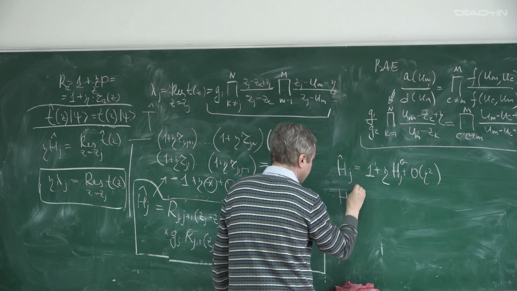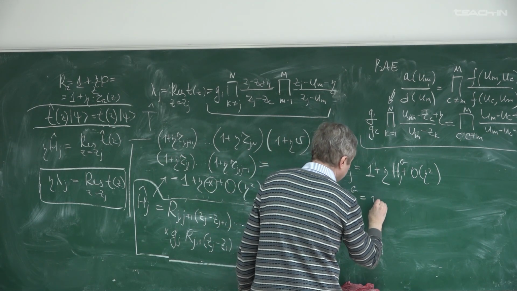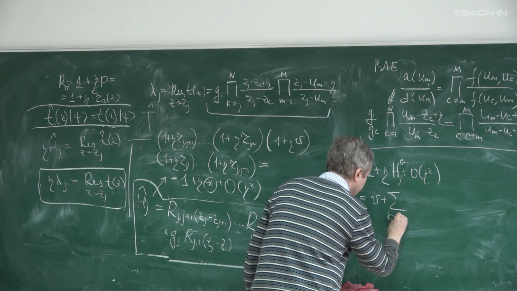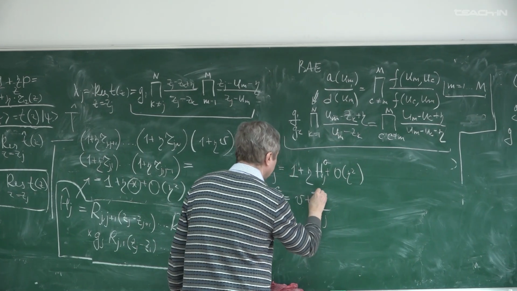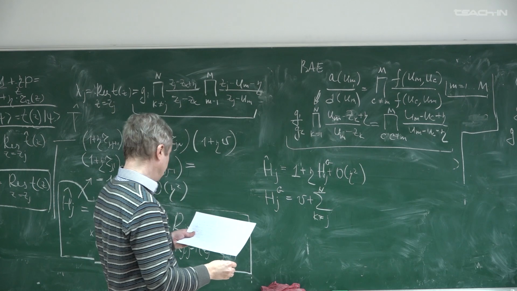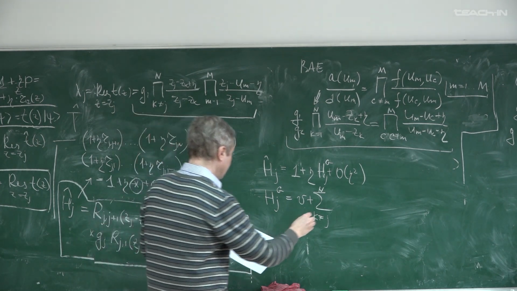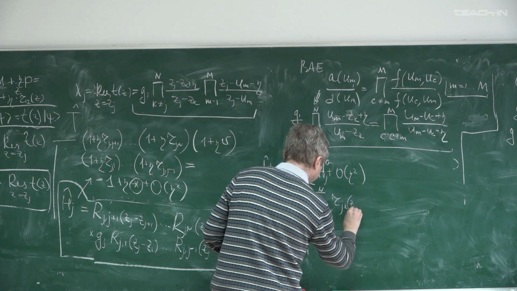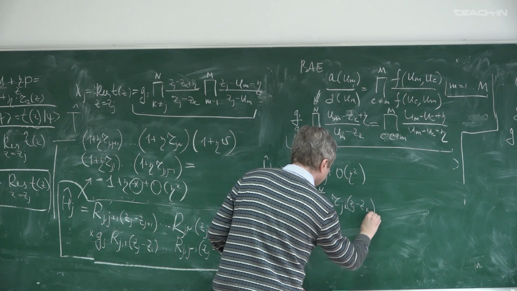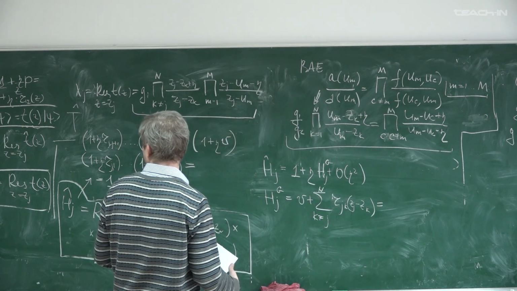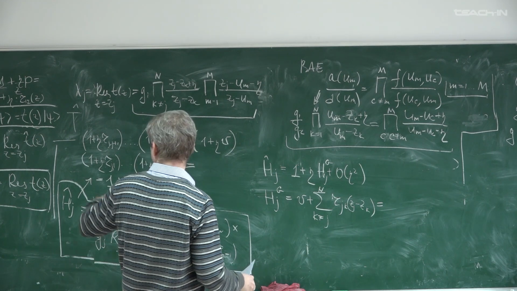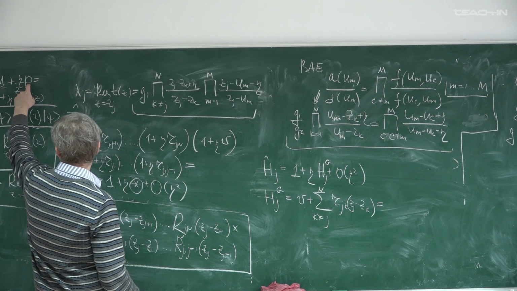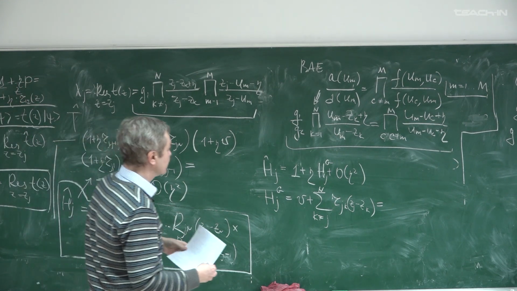And let me write the explicit expression for this: it's a sum for k not equal to j up to n of R jk, or we may now use the explicit form of our classical R matrix, which is a permutation operator divided by spectral parameter.